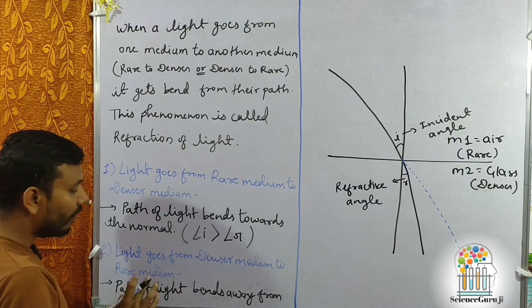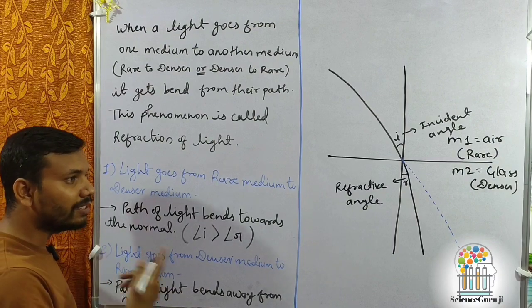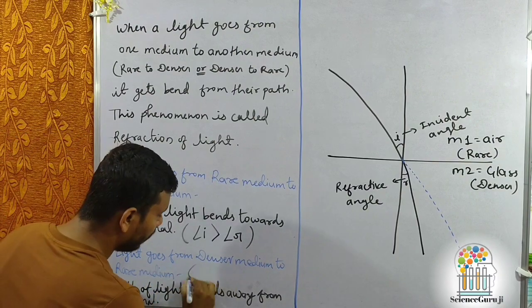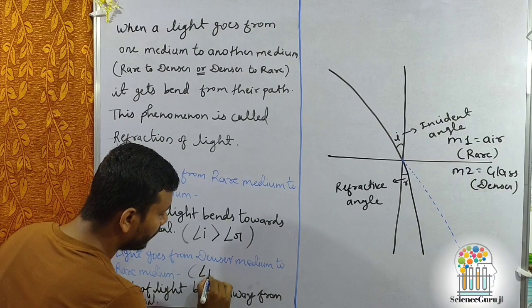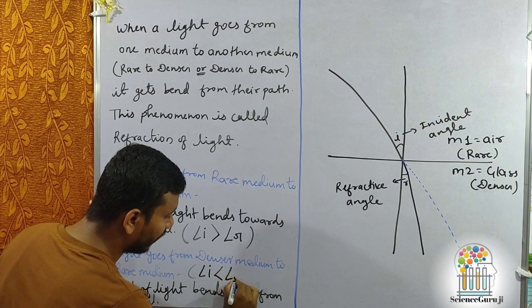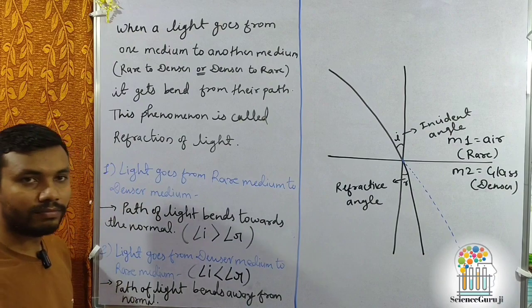And when the light goes from the denser to the rare medium, the angle of incidence is smaller than the angle of refraction.